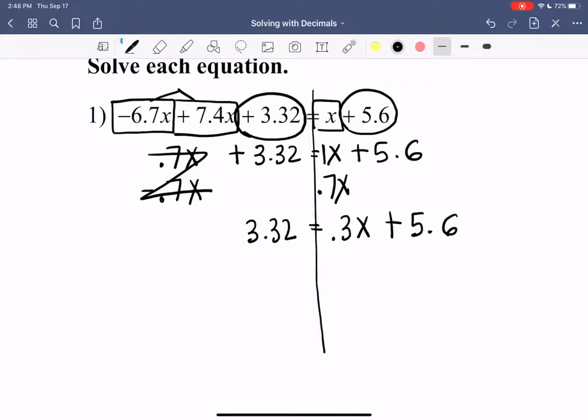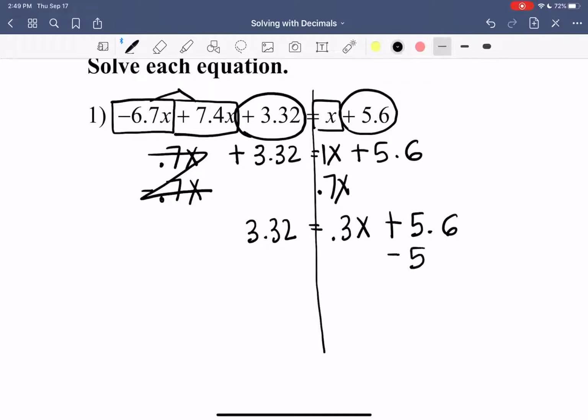We moved our variable over, and now we're going to do our third step, which is to identify if we have constants on both sides of the equation. And we have a constant here. A constant is a number without a variable. So we have 3.32 and 5.6. Since we have that, the inside of the foldable will tell us to find the constant on the same side of the equal sign as the variable. So this 5.6 is the one that is on the same side as the variable.